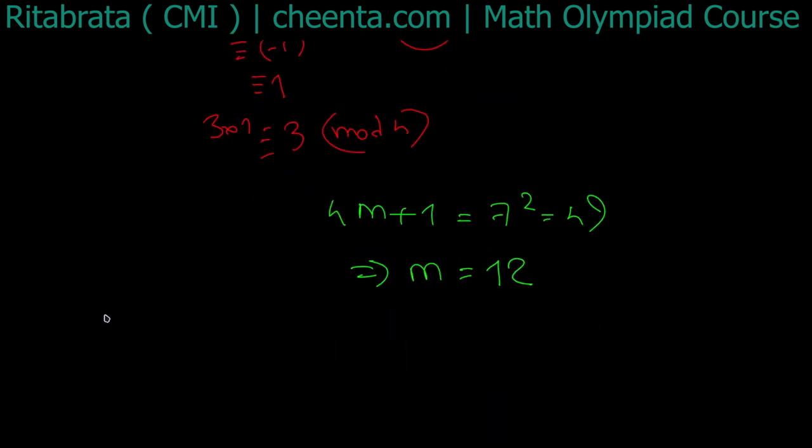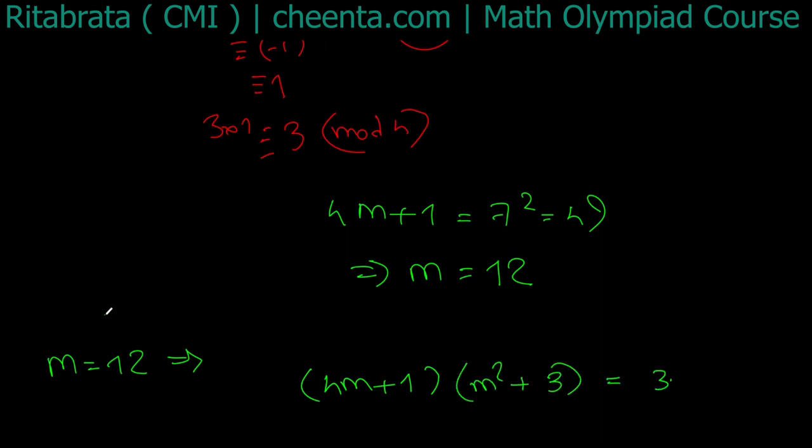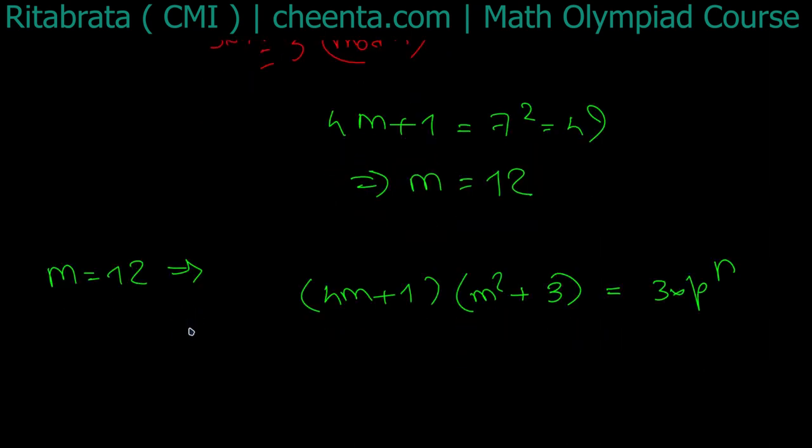And you can just put in the value and check that m equal to 12 gives me 4m plus 1 into m square plus 3 equal to 3 times some p to the power n. Now just put in the value. 4 into 12 plus 1, what is this? 49, into m square plus 3, 144 plus 3, 147.